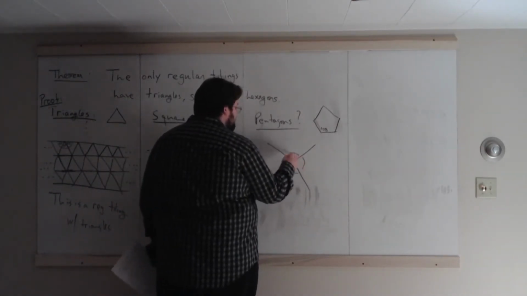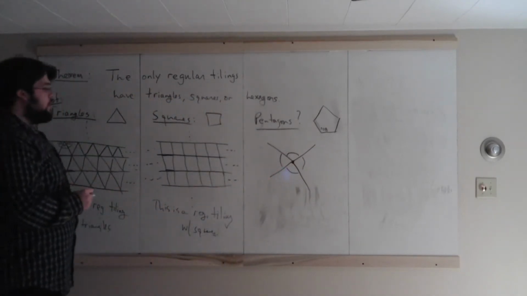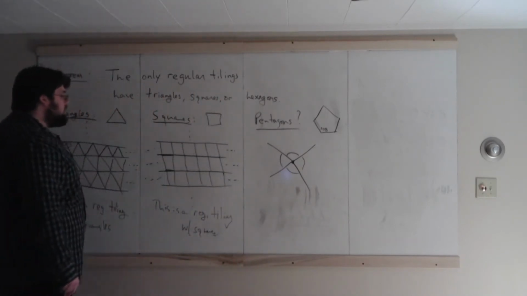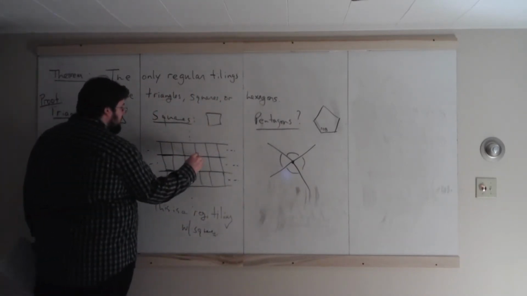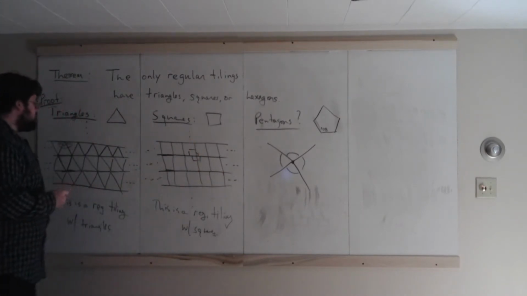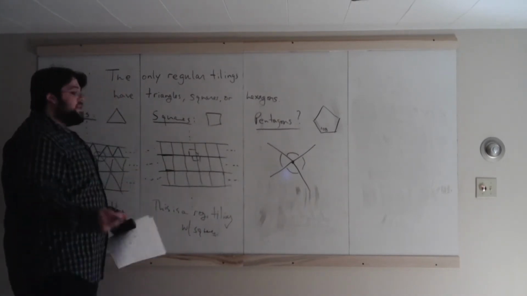What do these four angles here add to? Well, they add to 360 degrees. And you can see that. Here we have 90 plus 90 plus 90 plus 90, 360. Here we have 60 times 6, 360. There are 360 degrees in a circle, by definition.